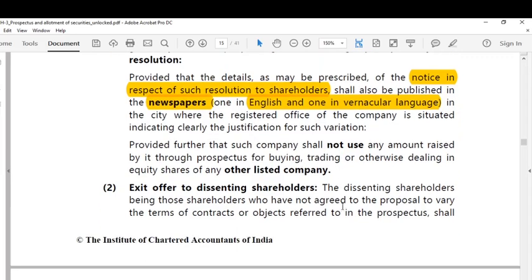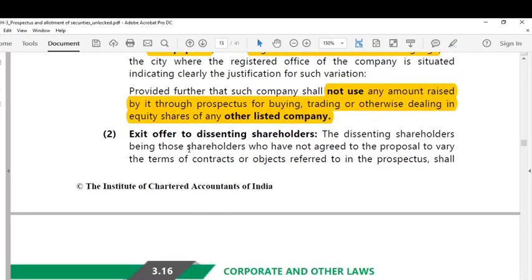And provided that such a company shall not use any amount raised by it through prospectus for buying, trading or otherwise dealing in equity shares of any other listed company. So this is the condition.